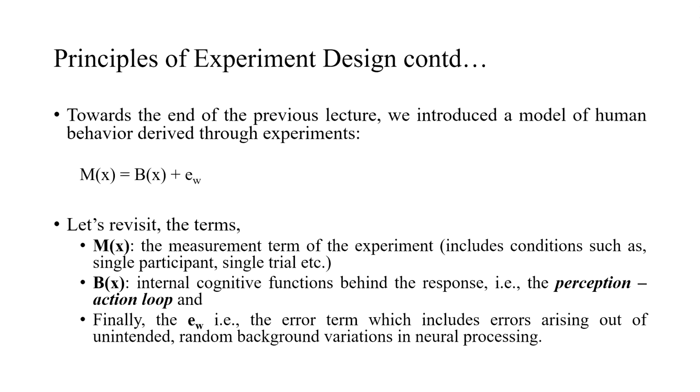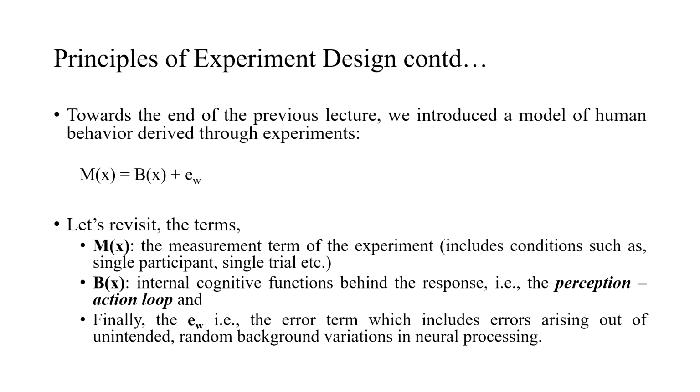Now, just to revisit this, m of x is the measurement in a given experiment. It has all the information that there is one trial, a single participant, what the conditions are, what kind of situations there are, everything condensed together in this one variable. This is the measure that you are getting in one trial.